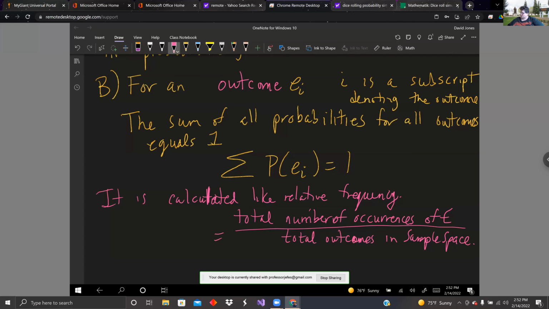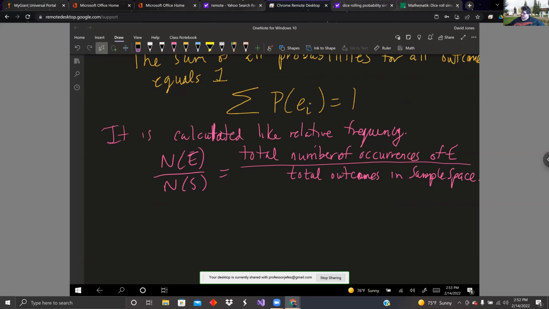And some, I know they show this sometimes. They'll put this N of E over N of S. And that's exactly what this means. N represents number. So N in parentheses E is the total number of occurrences of event E. And N of S means the total outcomes in the sample space.